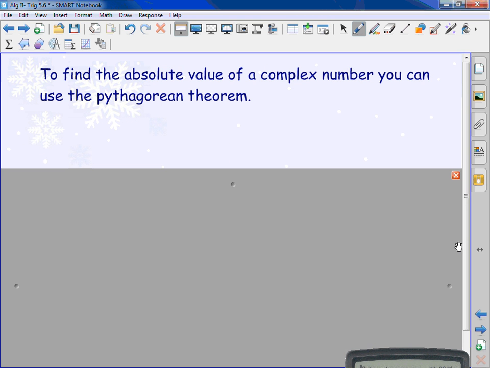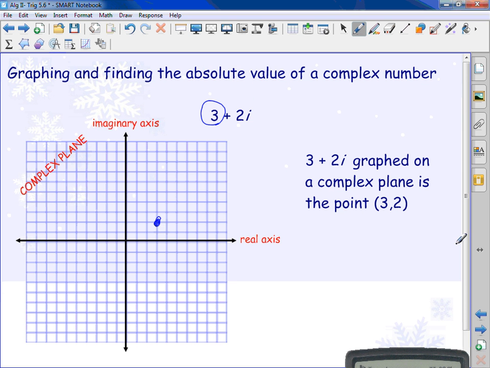To find the absolute value, you can use the Pythagorean theorem. What does absolute value mean in general? Not talking about signs. What does absolute value really tell me?